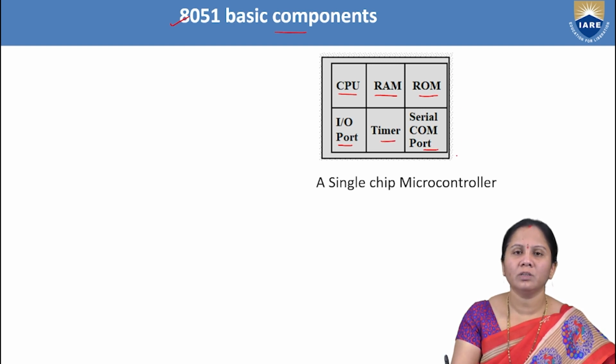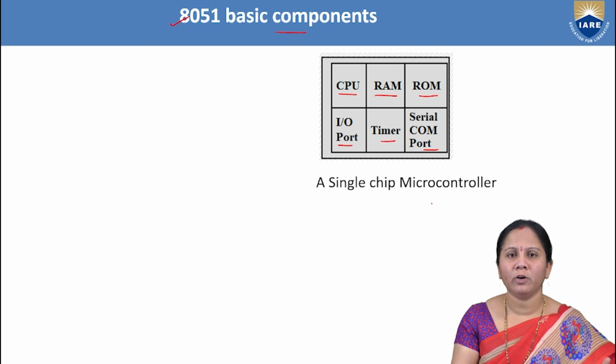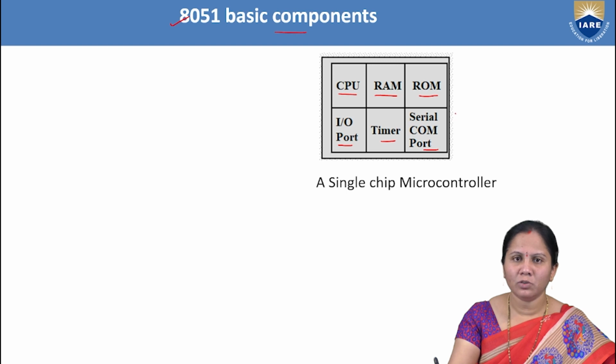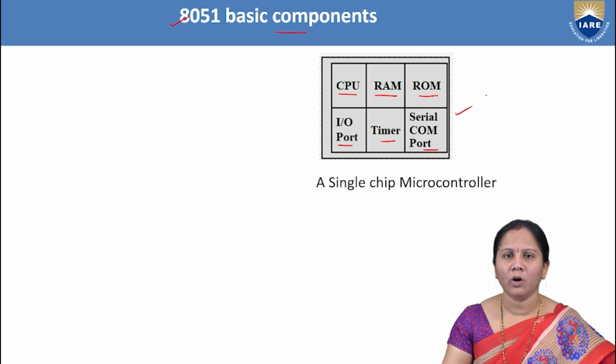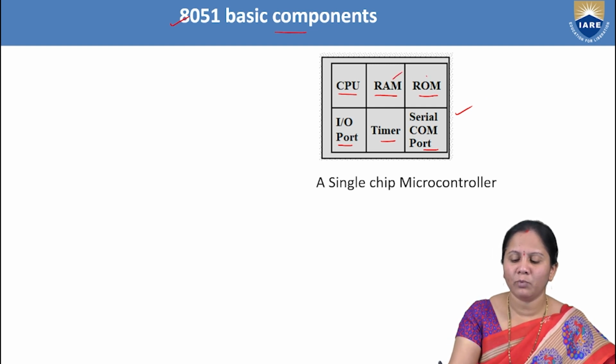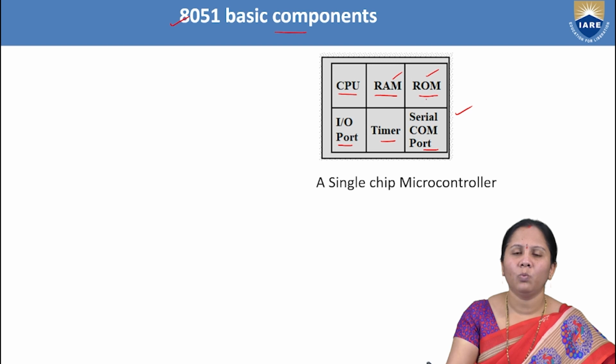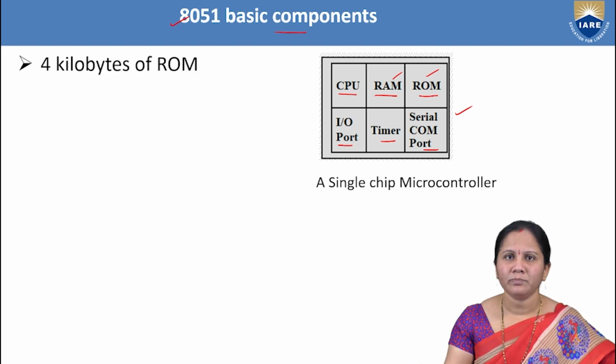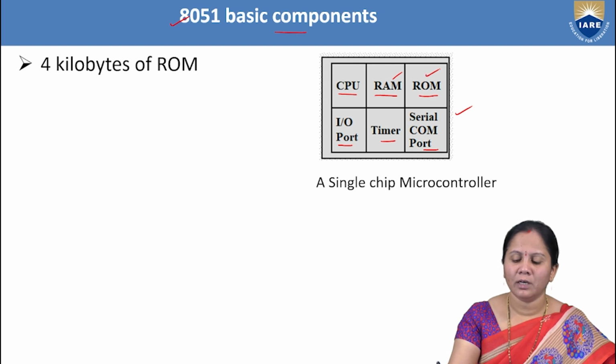All these components are embedded on a microcontroller. Now we have to see the capacity of each component, such as the size of the ROM and the size of the RAM.